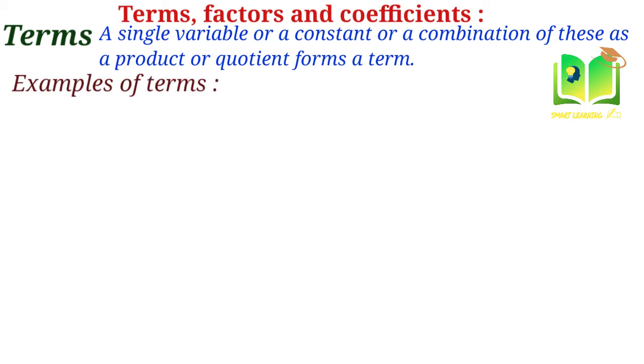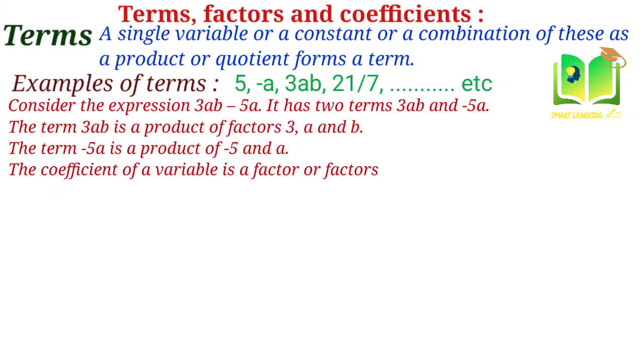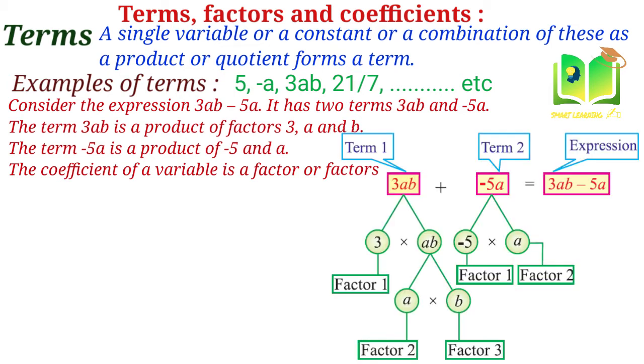Suppose you take a few examples: 3ab, 21 by 7, etc. Here 3 is a constant and a and b are the variables. When we multiply them it makes a term. 21 by 7 is a quotient, so it is also a term.